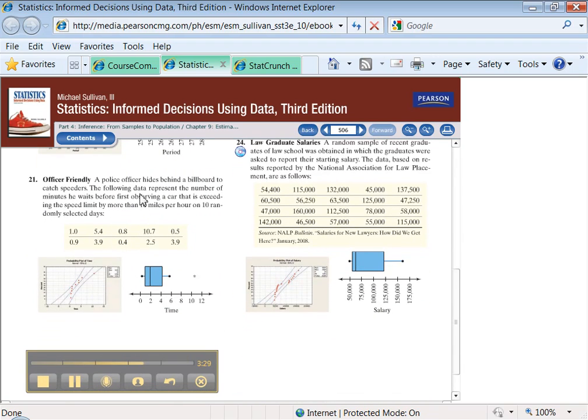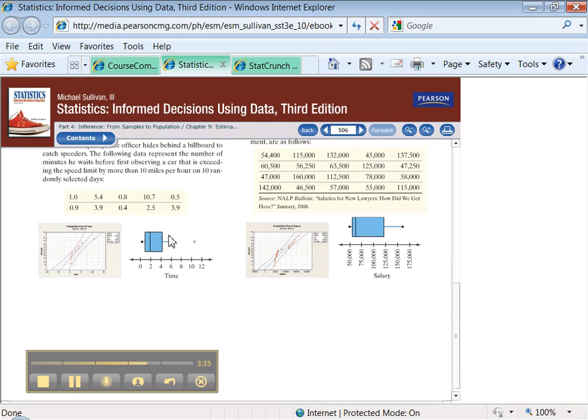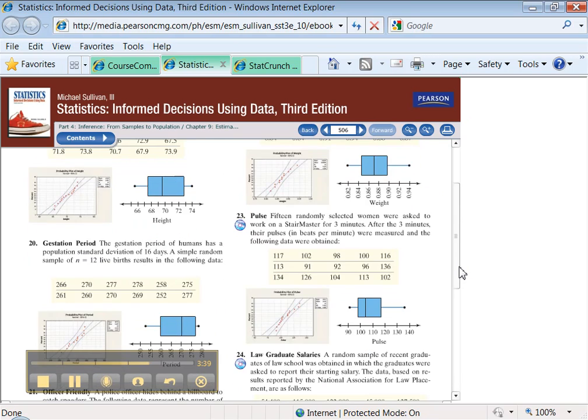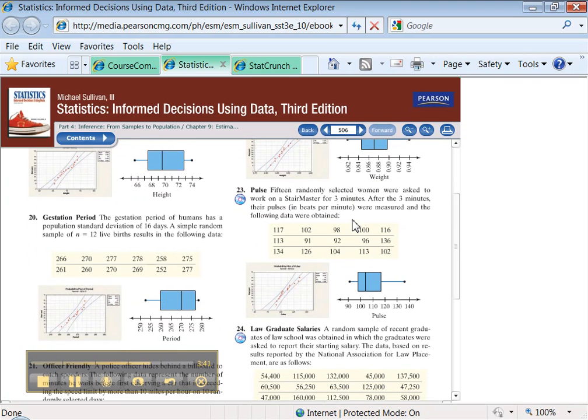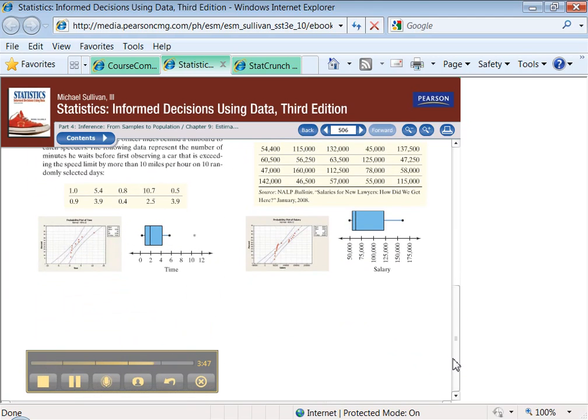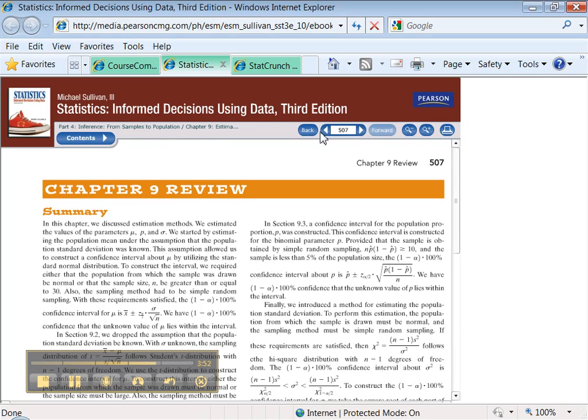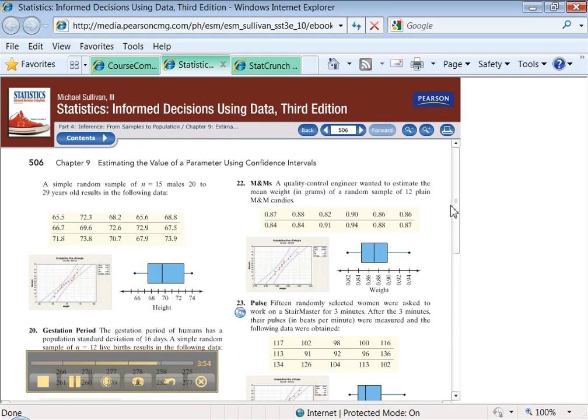Here, did they give you sigma anywhere? Population standard deviation? Speed limit 10 miles? Nope. So that's a t interval again. 23, let's look right here. Stairmaster, after 3 minutes their pulses are found. It's a t interval. There's no sigma given on that problem. So you want to look for the words population standard deviation. If you don't see population standard deviation, then it ain't there.